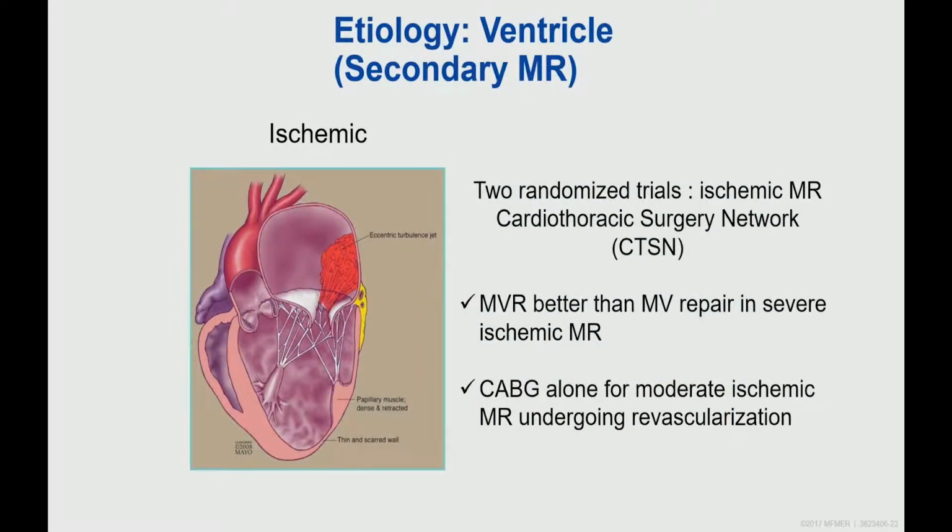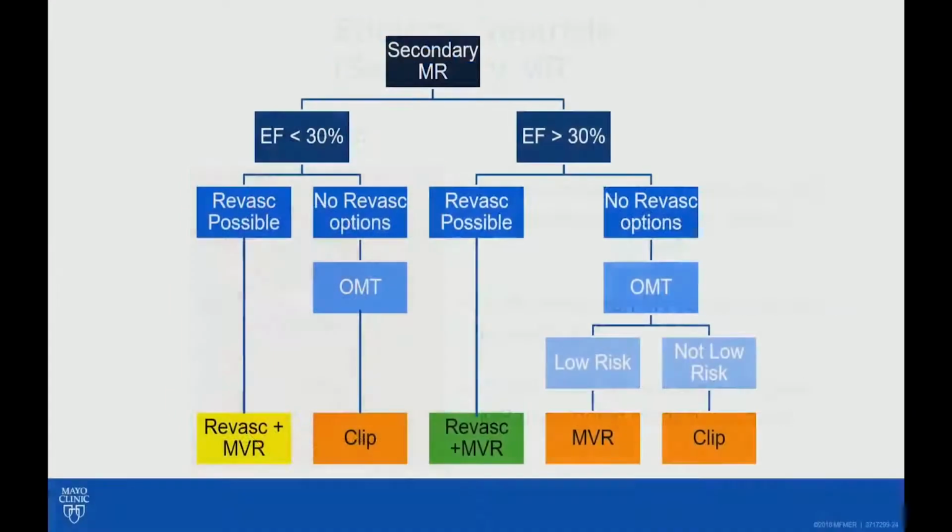These were talked about this morning, so I'm going to skip over this slide for time. This is what the European guidelines have listed as the way to approach secondary MR using ejection fraction dichotomized at 30%. And those who have an EF of higher than 30%, you will revascularize that patient if possible and consider an MVR during that operation.